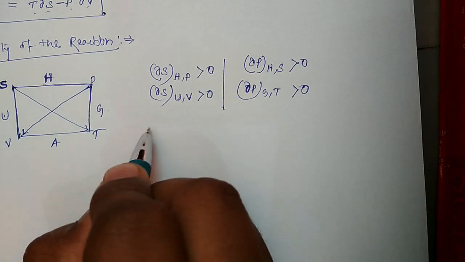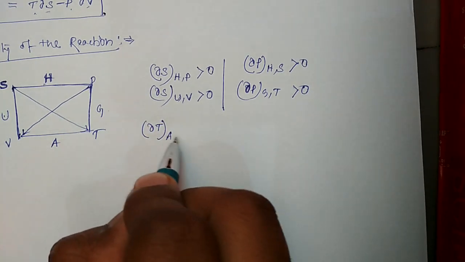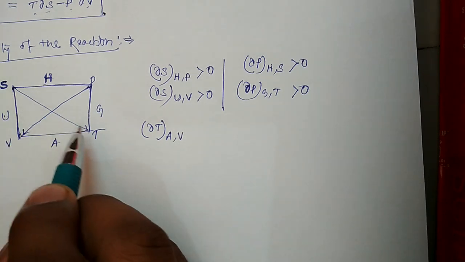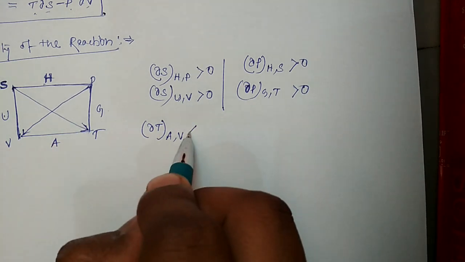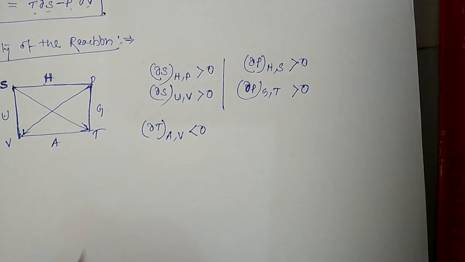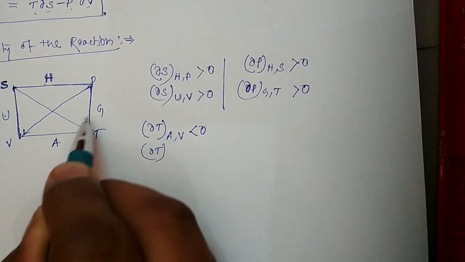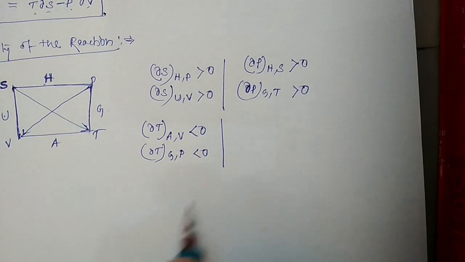Then comes del T, that is del T at constant A and V, and the arrows go from S to T, the arrow goes to T, so that is negative. And again for del T at constant G and P, same, this is also negative.